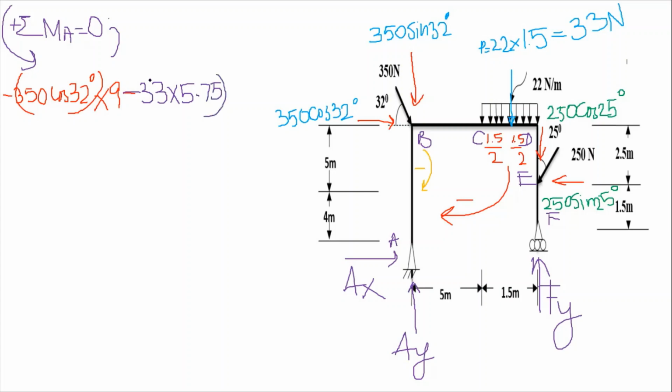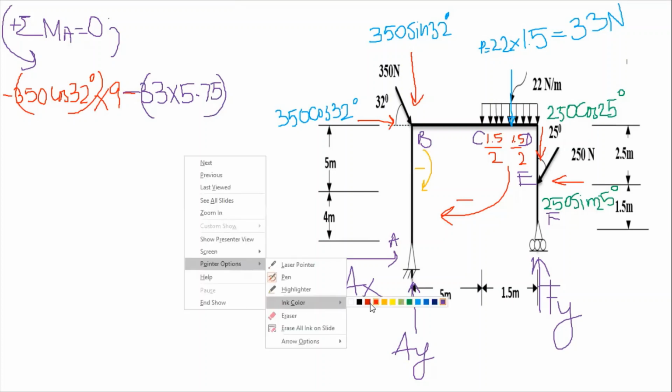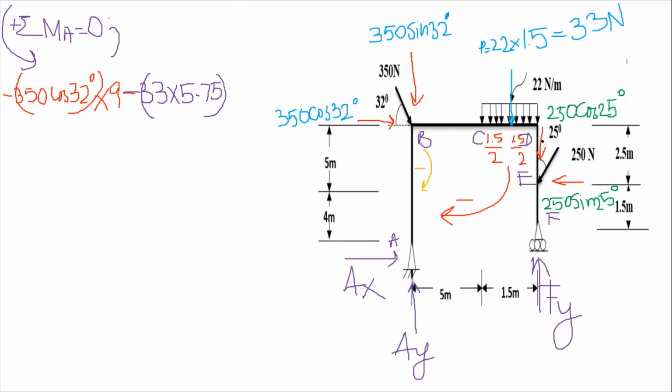So the next force is what? Next is this one. There are two forces here. Let me take another pointer color, for example green. This will rotate like this. I'm talking about this vertical force, the component.